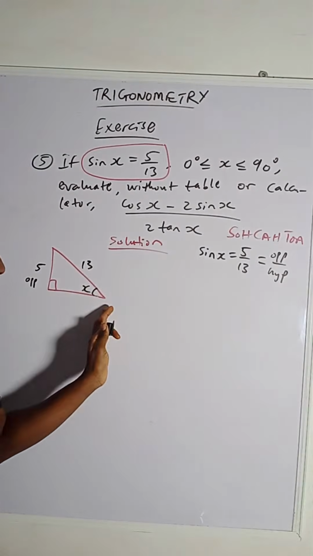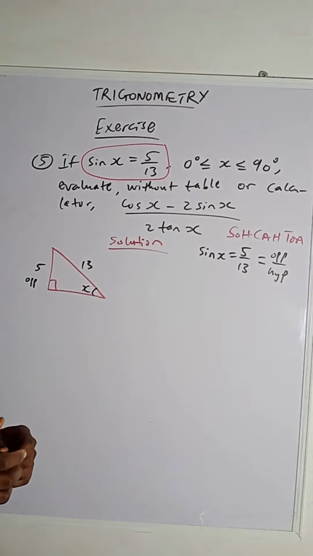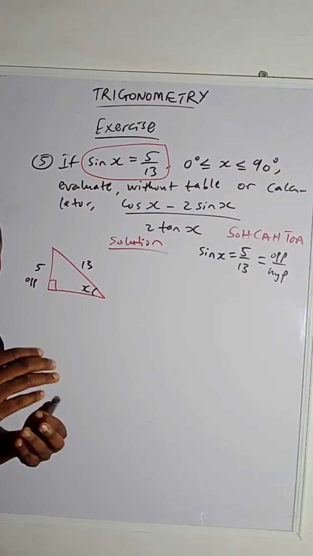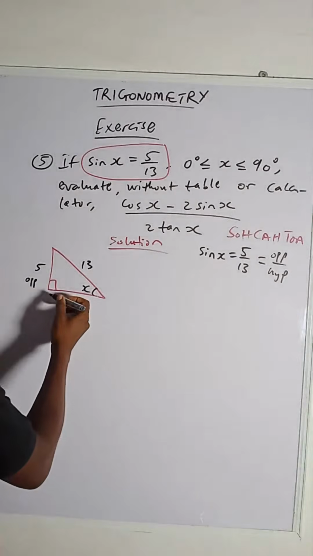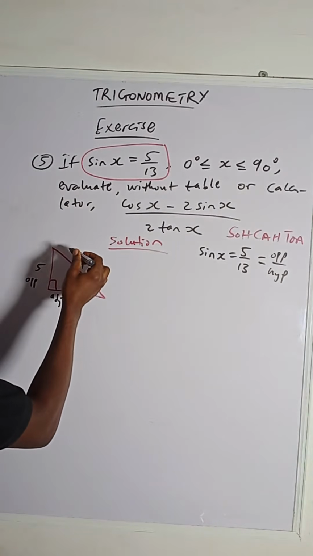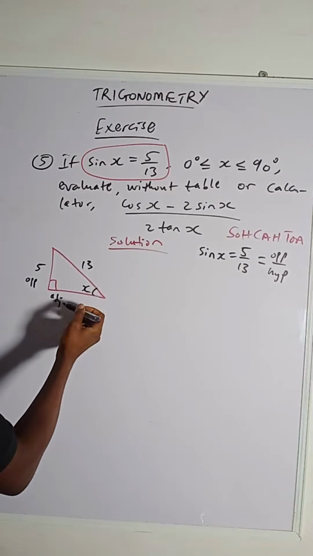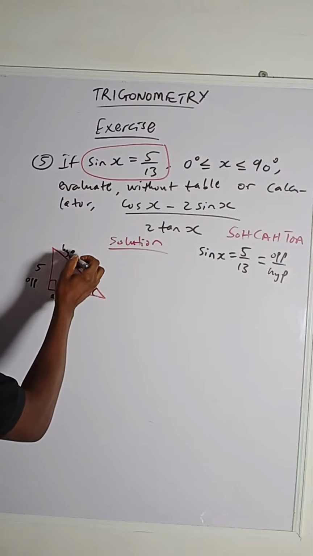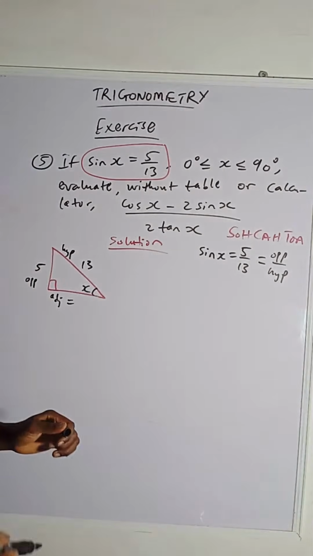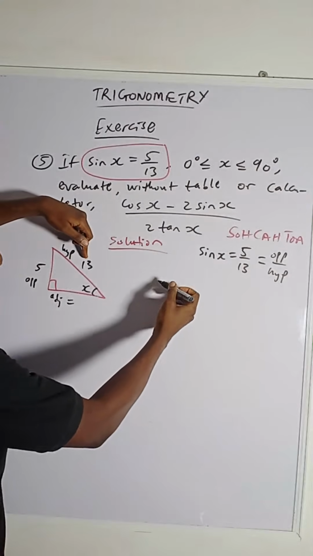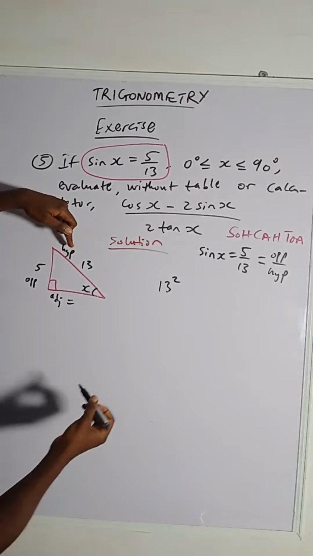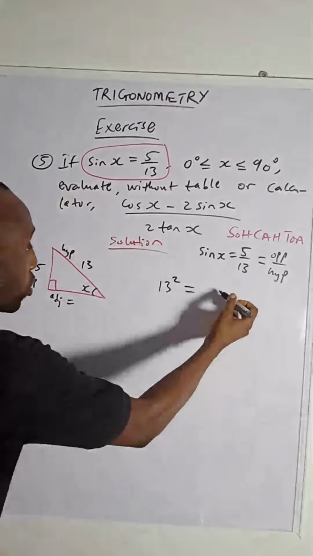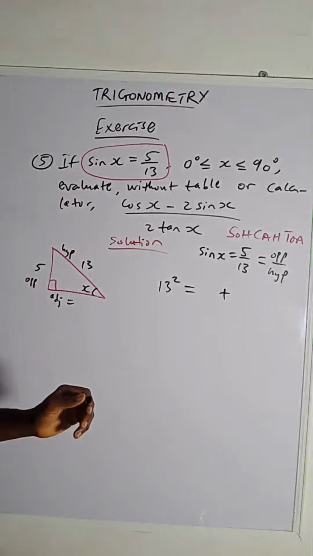And then the third side, if you are conversant with Pythagorean triples, you can tell that this is 12. But even at that, I'm still going to show you, in case you don't know how. So using Pythagoras theorem, the square of the longest side, 13, the hypotenuse, is equal to the sum of the squares of the other two sides.